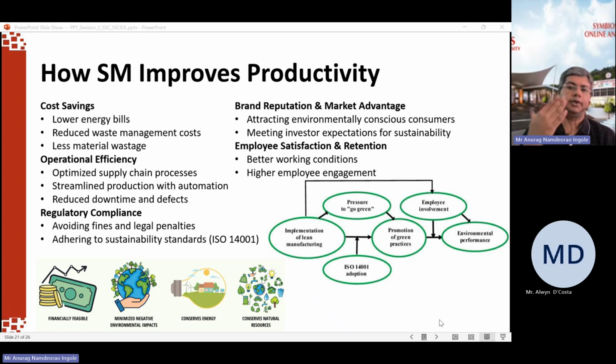Everyone is an employee of that organization, and they together form that organization. So companies wherein sustainability initiatives are taken up also give their employees an opportunity to participate in such initiatives. That will definitely result in higher employee engagement and retention.